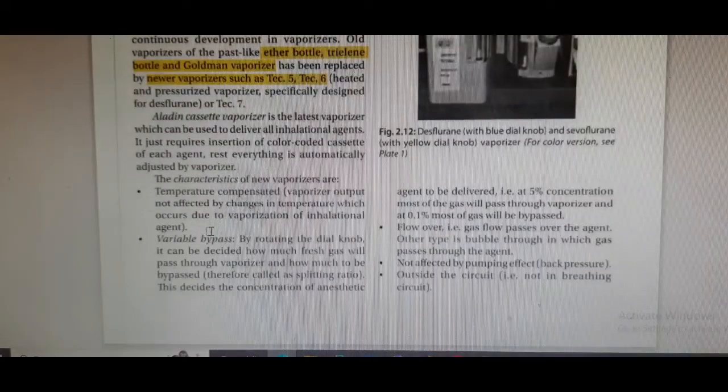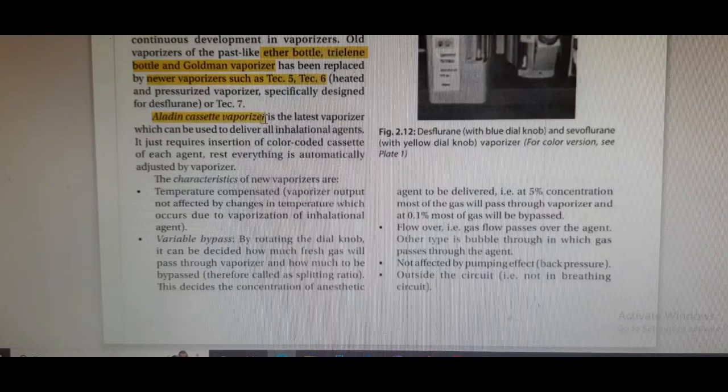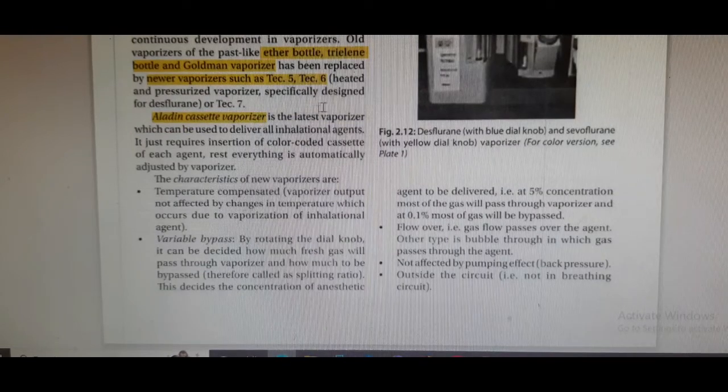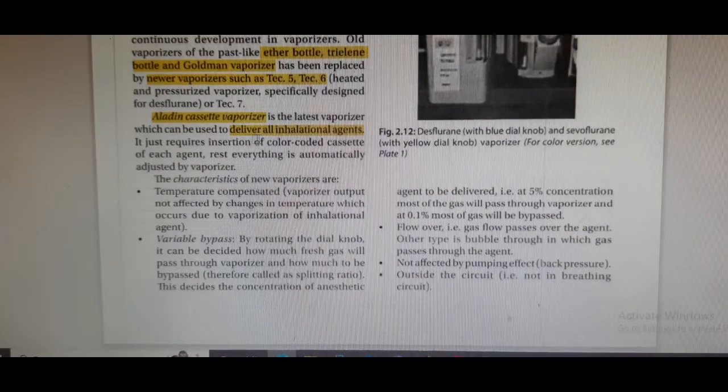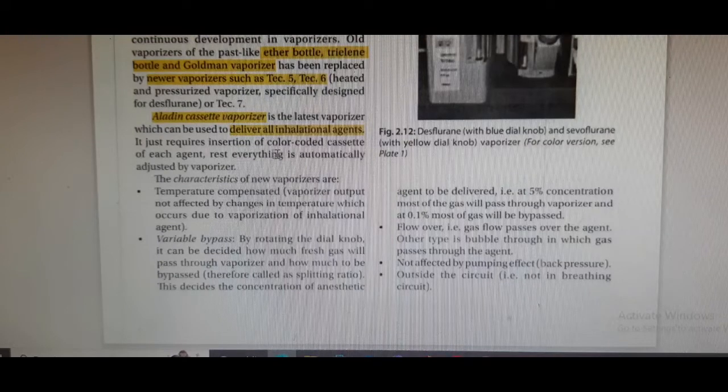Then there is another type of vaporizer, which is the Aladin cassette vaporizer. It is a very latest vaporizer which can deliver all the inhalational agents, and it requires insertion of a color coded cassette of each agent.